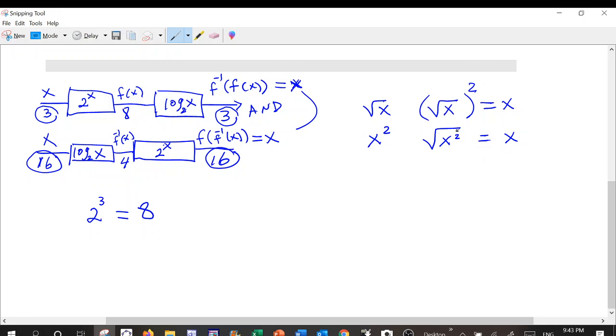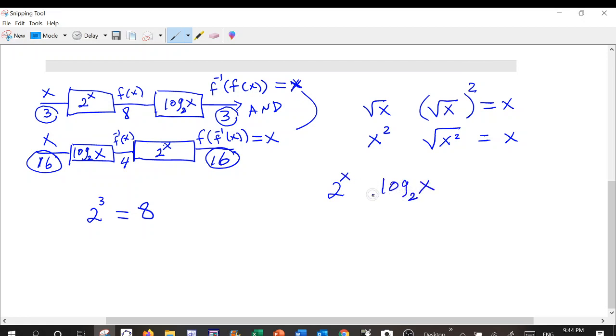So that means if two functions are inverses, they cancel each other, right? Notice the square root cancels x squared, you get x back. And then squaring cancels the square root and you get x back. This is true for any two inverses, right? So it's true also for these two.